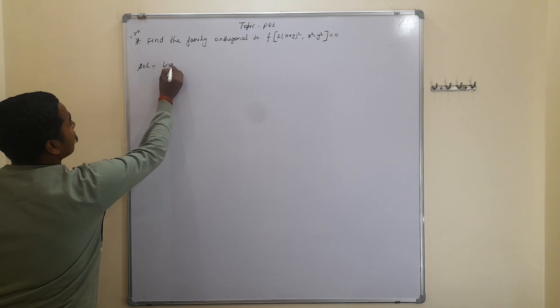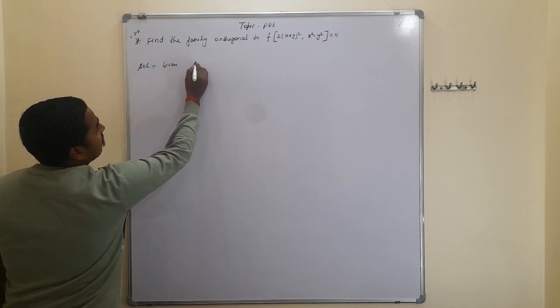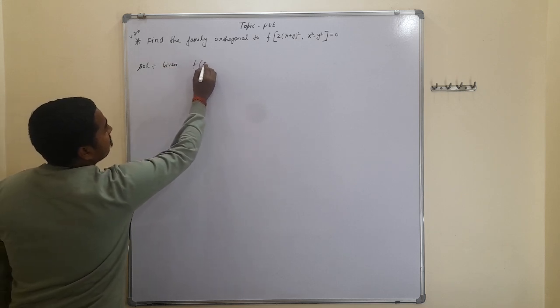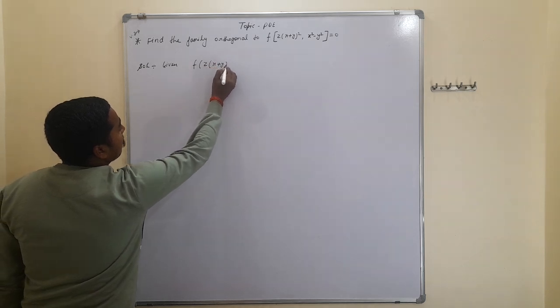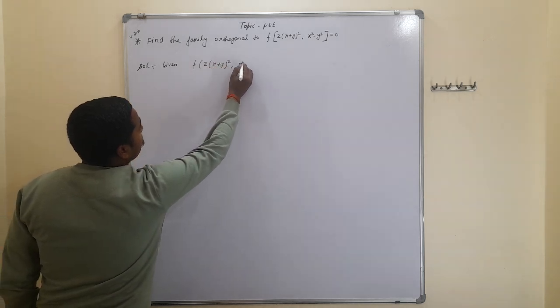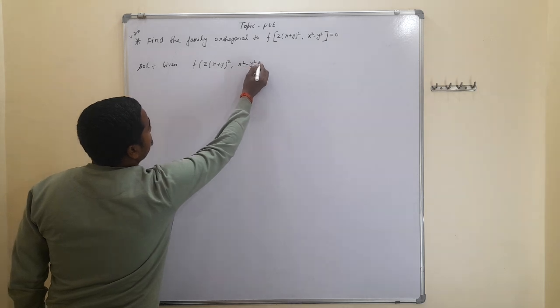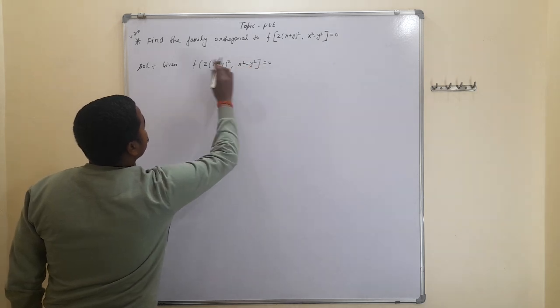Given f of z into (x plus y) whole square comma x square minus y square is equal to 0.